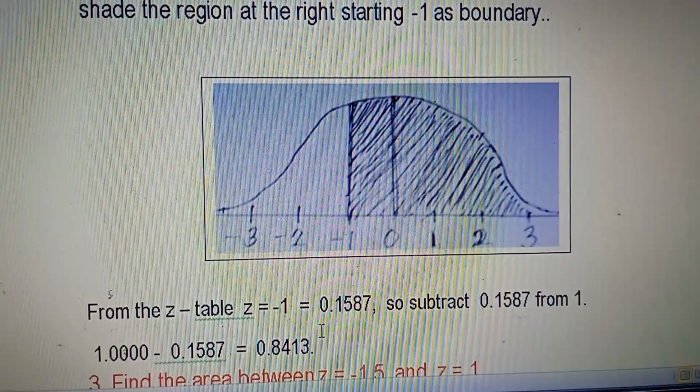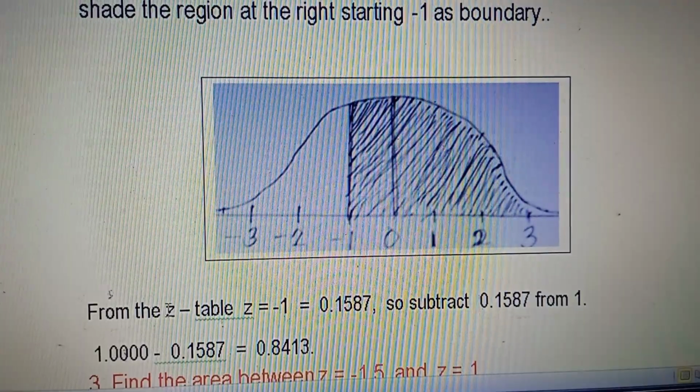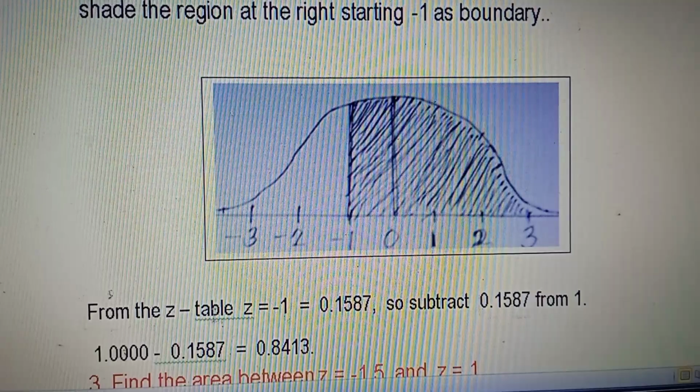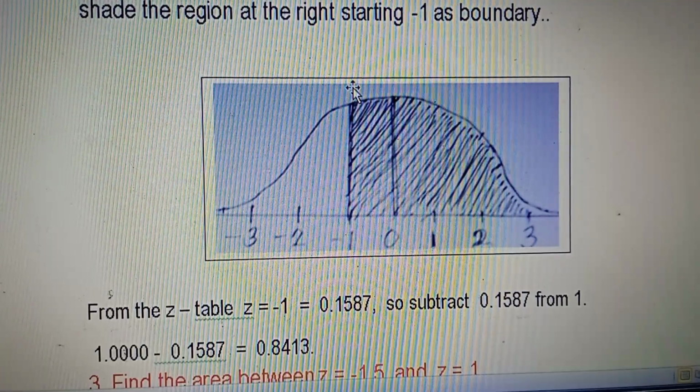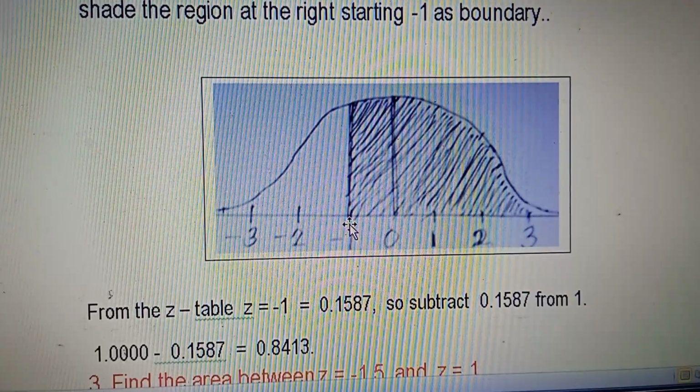Why do we do this? Because the area given by the z table is the area at the left of the z value.